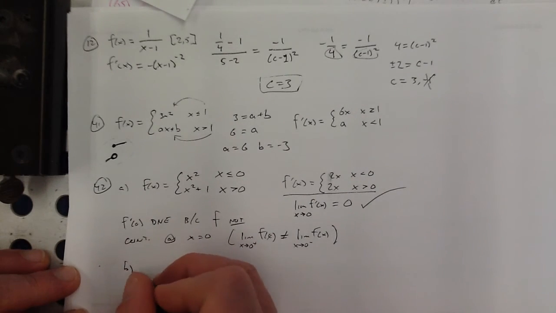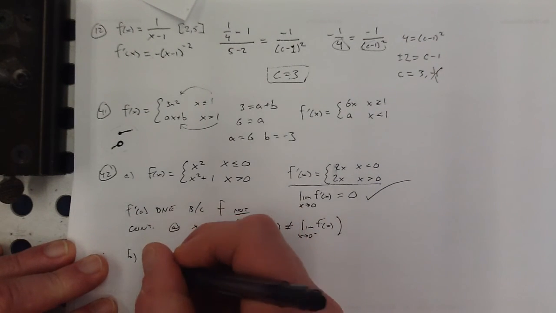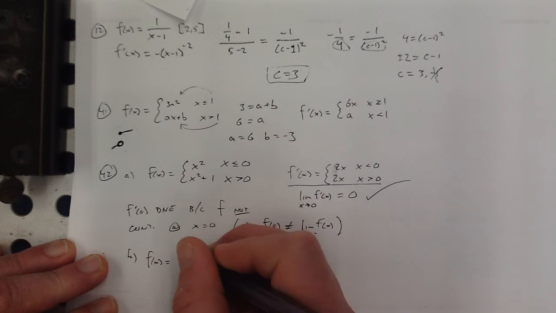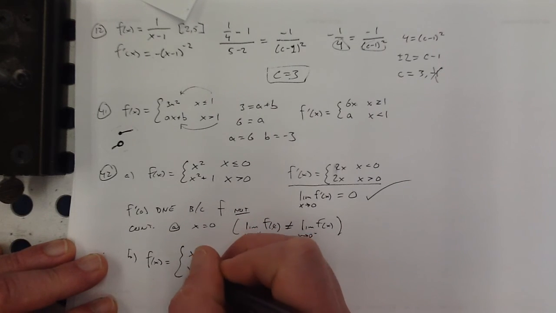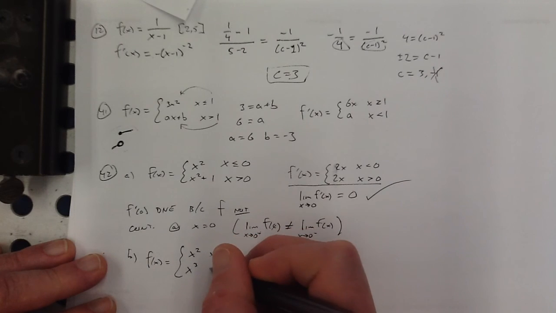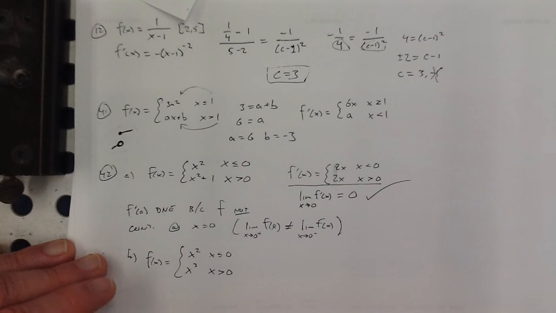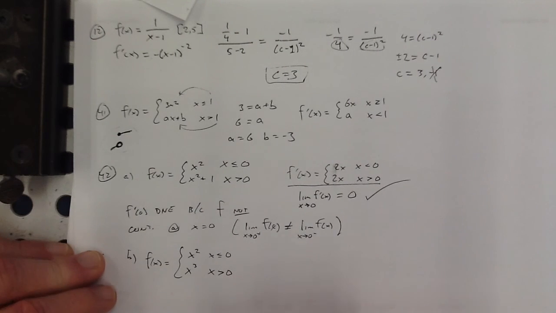That was part A. Part B, another piecewise function, x squared, x cubed. All right, we're going to show that the derivative exists, but that the second derivative does not.